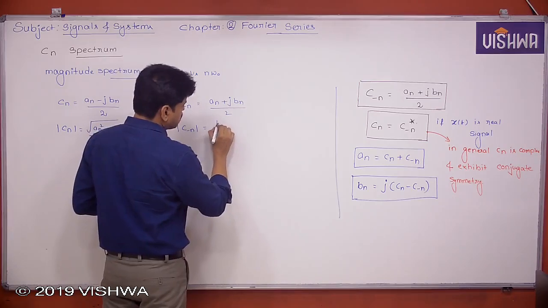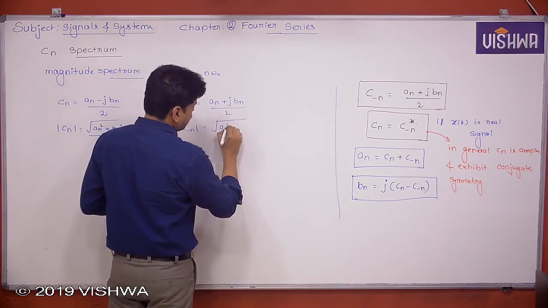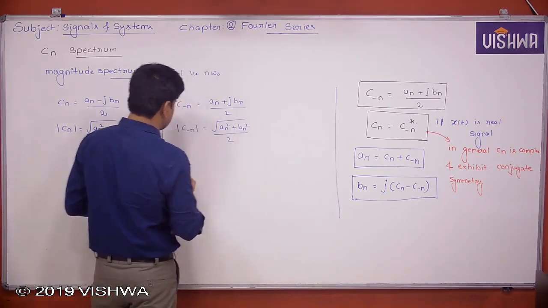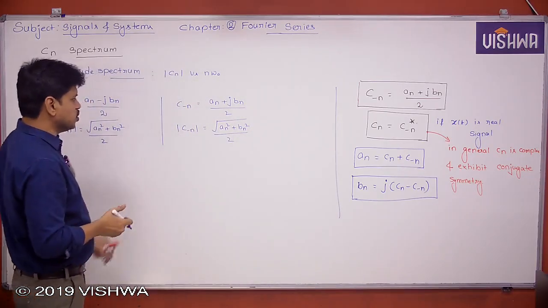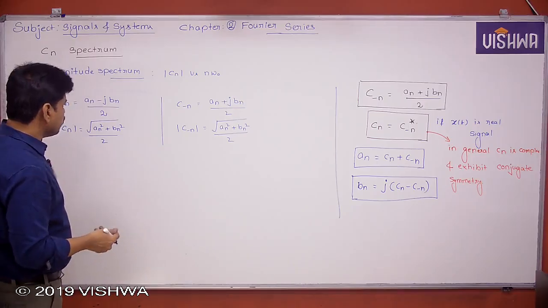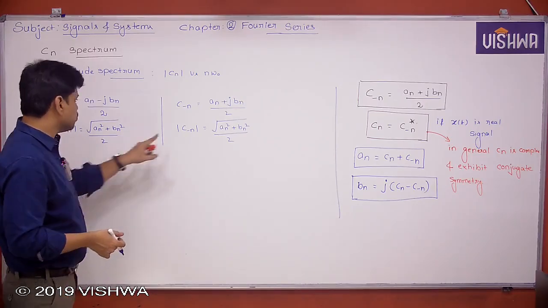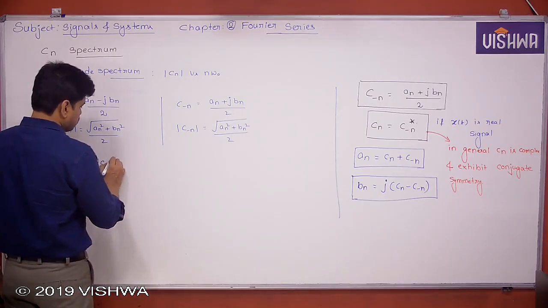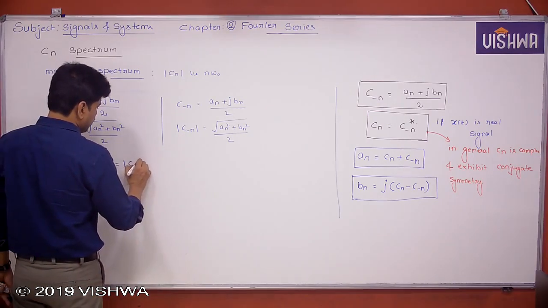Mod c minus n is equal to root of an square plus bn square, by 2. Now if I observe carefully, mod cn and mod c minus n are both the same.